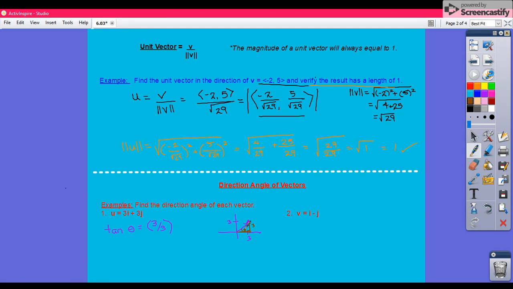So going back to SOHCAHTOA, opposite and adjacent uses tangent. So tangent of theta equals opposite over adjacent, 3 over 3. So because of that, this will never change. Just stating where that formula comes from. Sorry about that, my pen was acting up a little bit. So we're going to take tangent of theta equals 3 over 3.